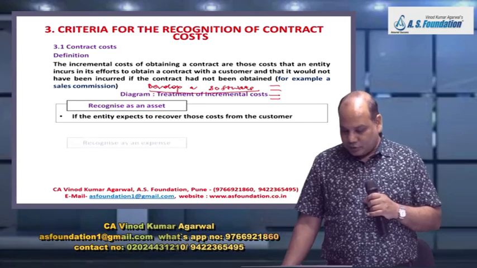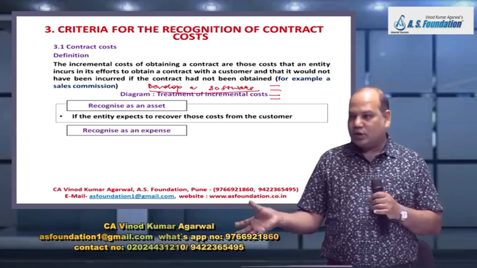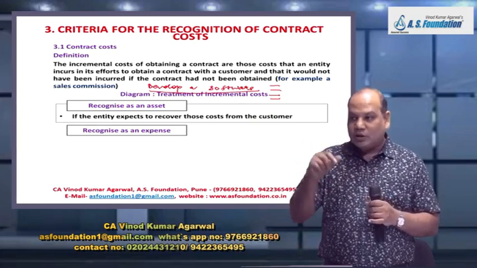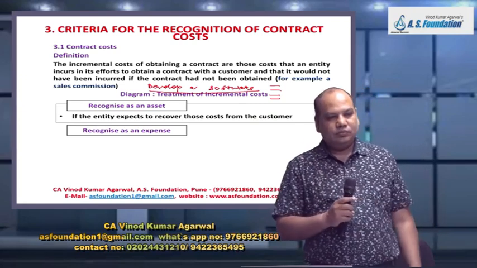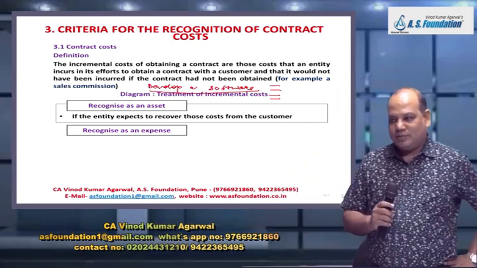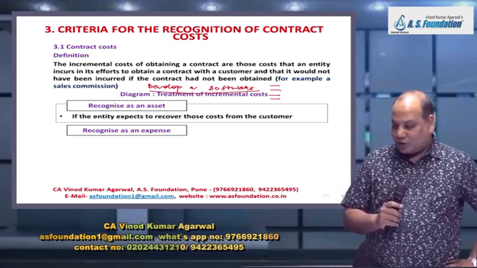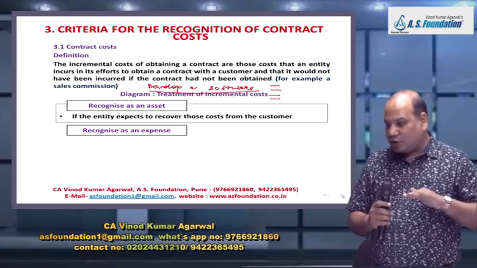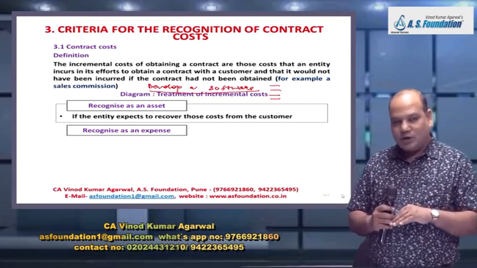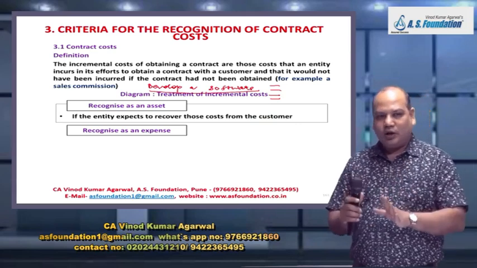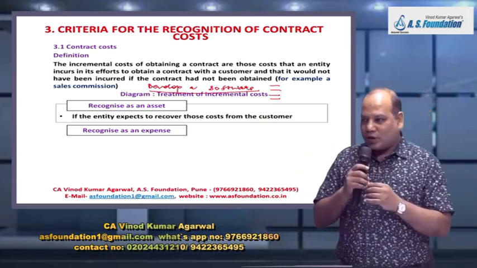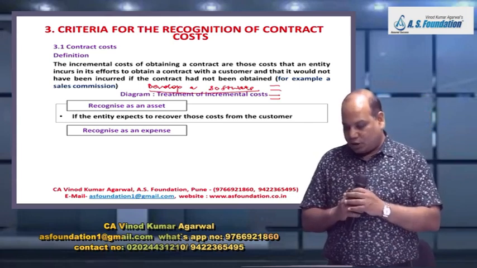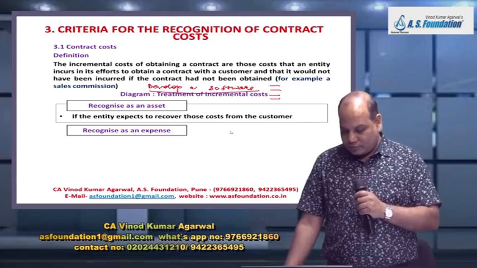Let's say, for example, you are doing a construction of a building. That is easy to understand. Who incurs the cost first? The builder, the contractor. And later on it is recovered from the customer. So first he will keep on accumulating the cost incurred under a heading called contract cost account or contract asset account, and then he will recover it proportionately.